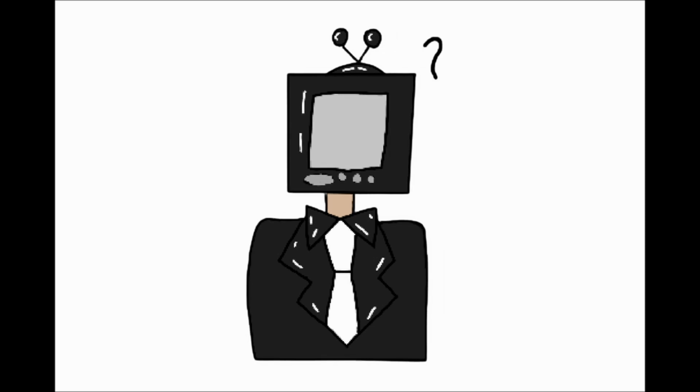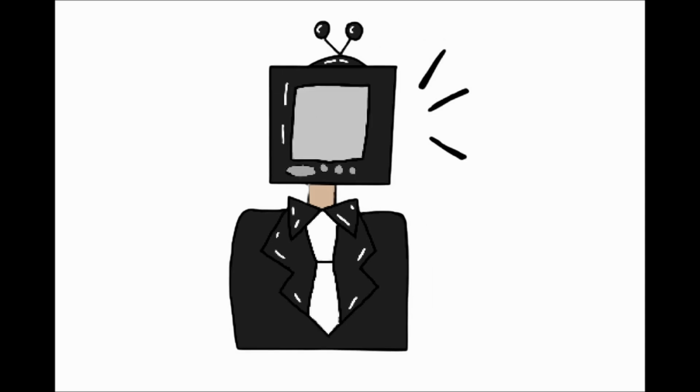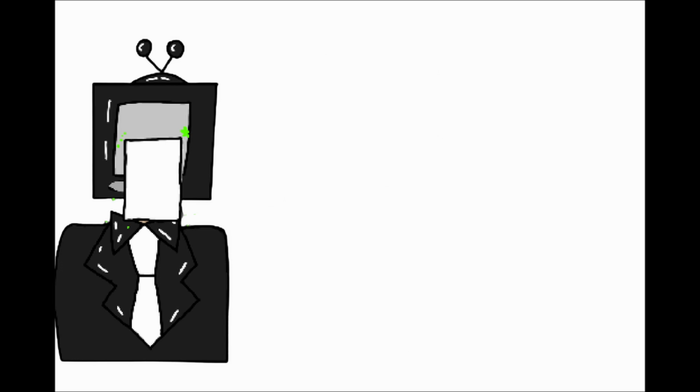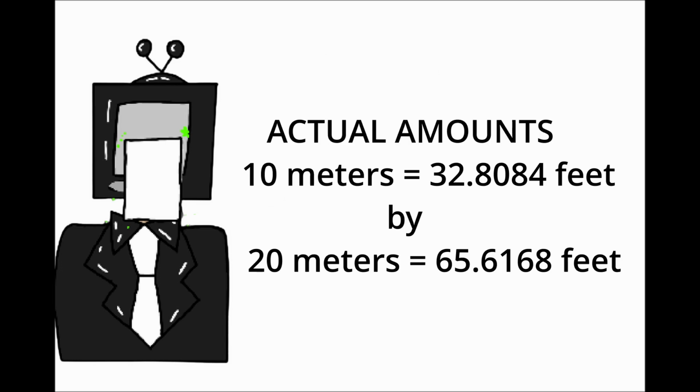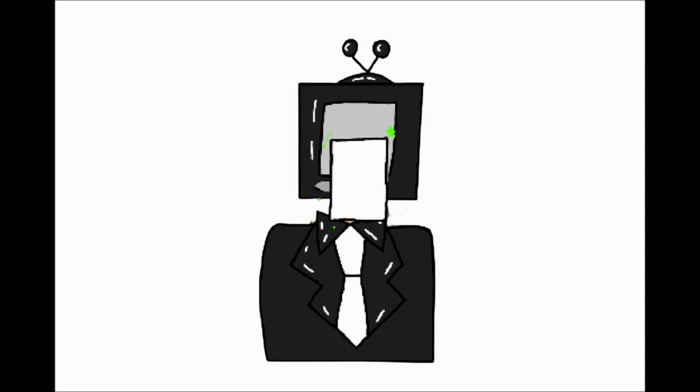How much is 10 meters in terms of feet? Because I'm an American. So it's around 33 by 65. 33 by 66. We'll go like that. So 33 by 66 room.